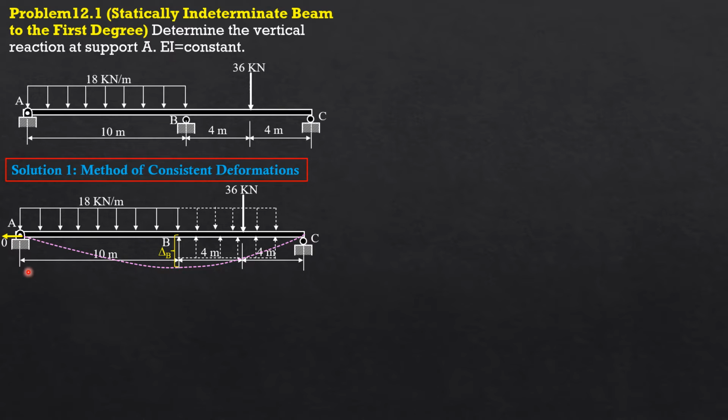and the distance from this section to A is X. By the way, summation moment C equals 0, so RA1 times 18 equals 36 times 4 plus 18 times 10. 5 plus 8 is 13, the moment arm.